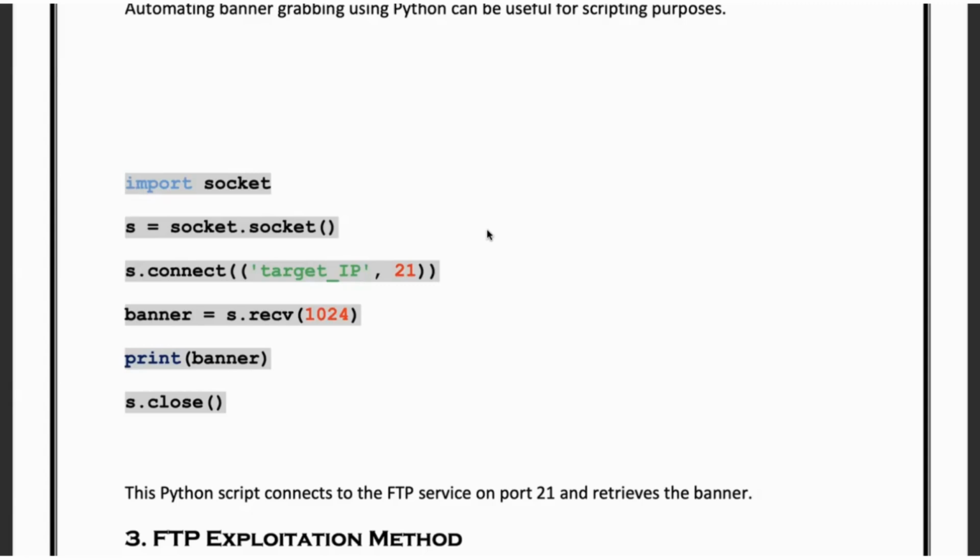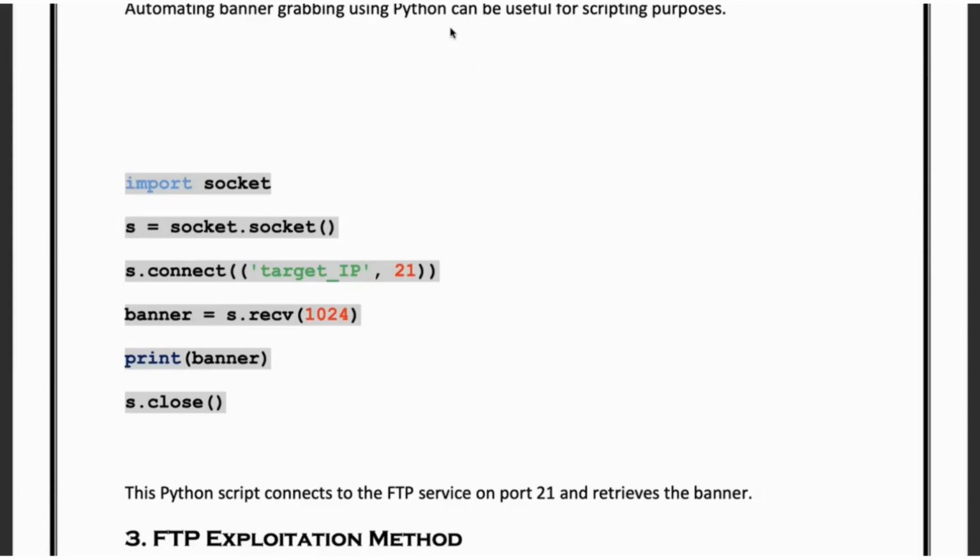So normally we do pen testing for port number 21, but if you find out that your FTP service is running on a different port number, then the exploitation process is the same, but where you need to define the port number, you will define the correct port number where your service is used, right?